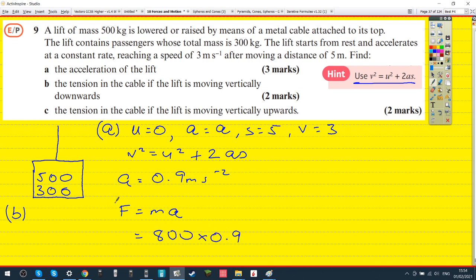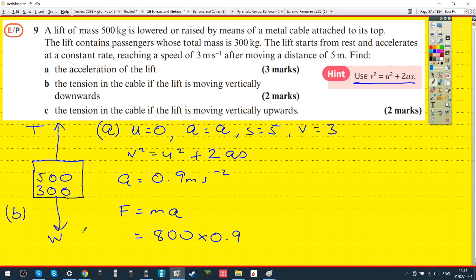But the force, if it's going down, then the tension is going up. So you've got weight and tension like that. And so the force would be weight minus tension.